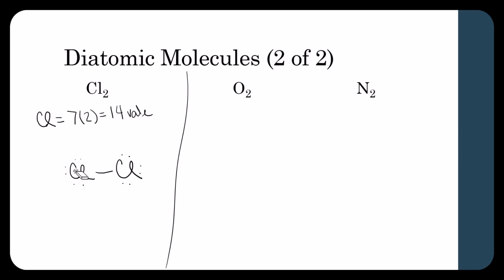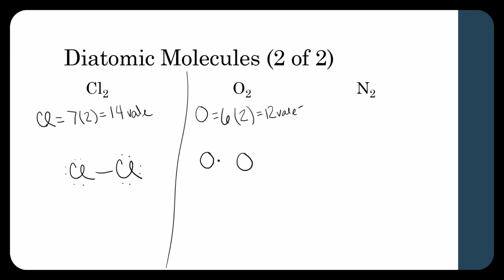Let's continue on. So we know oxygen exists as a diatomic. Oxygen is in group 16 or 6A, so oxygen has 6 valence electrons. There are 2 of them, so we have 12 electrons at the party. Draw the skeletal structure. There's really only one way to do that, right next to each other.